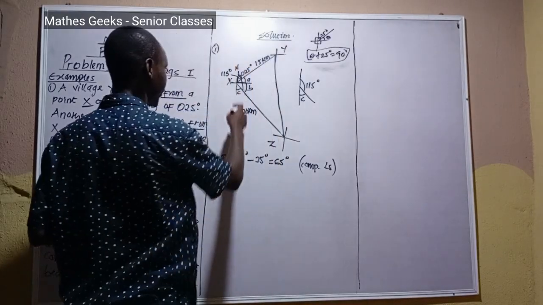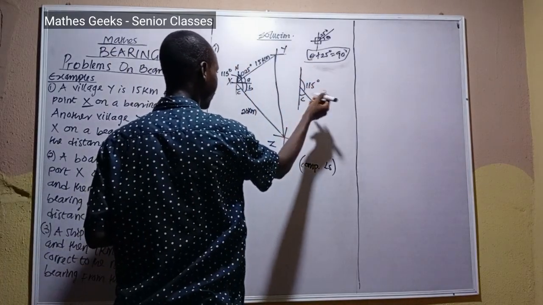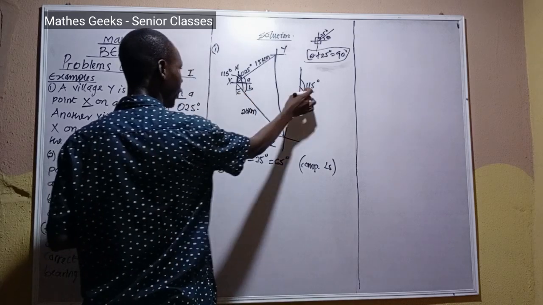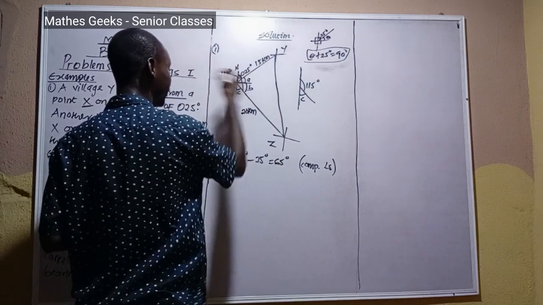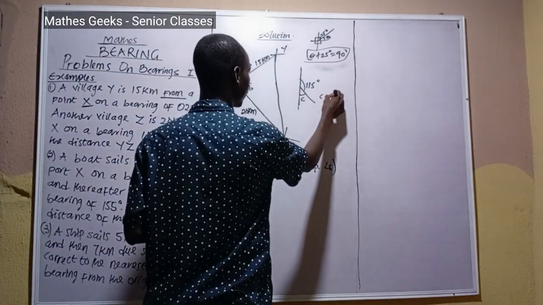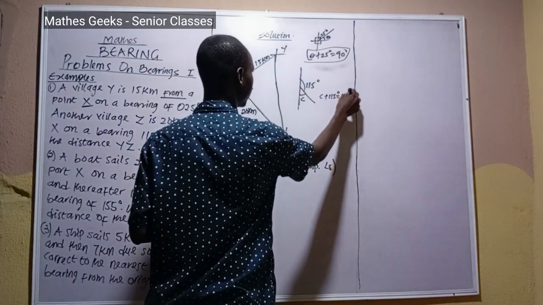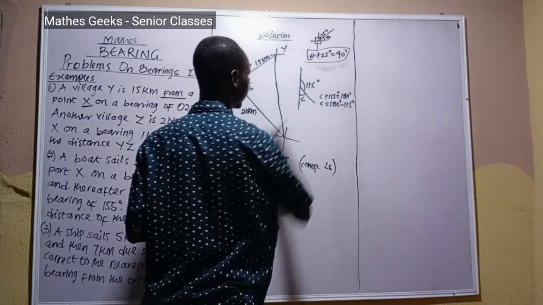Now if you look at this line here, what do you see? This angle on the straight line, 115 degrees and C. So to get C, this remaining angle on this straight line, because we need to get B here, first of all, we're going to say C plus 115 degrees is equal to 180 degrees. So C is equal to 180 degrees minus 115 degrees.